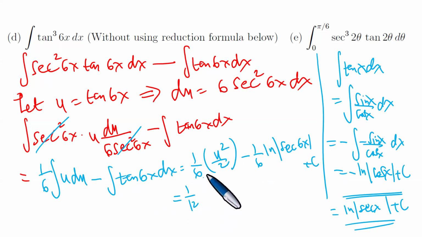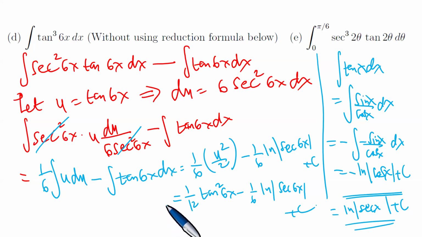1 over 12, what is the u? Minus 1 over 6. All right, and we have this. And therefore, this becomes the answer to the question. But once again, with this answer, we want to use also the reduction formula to derive the answer to this.